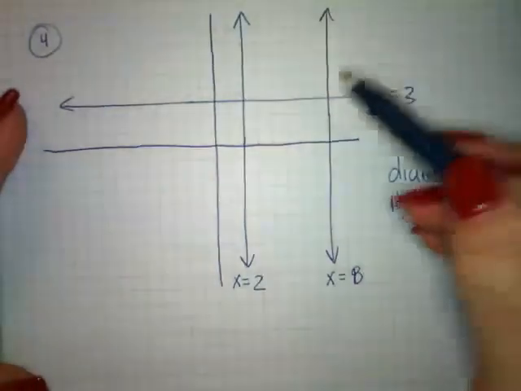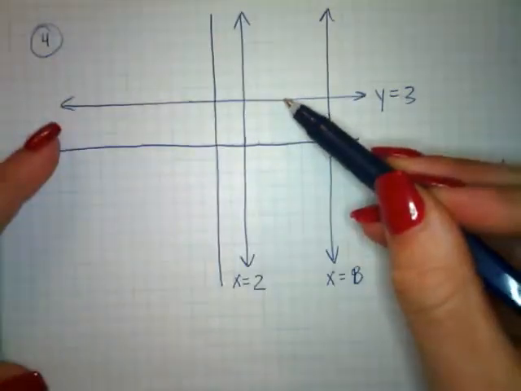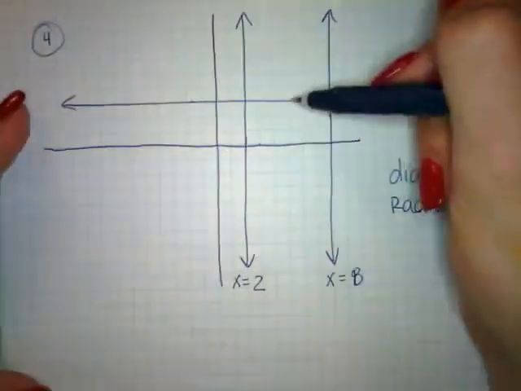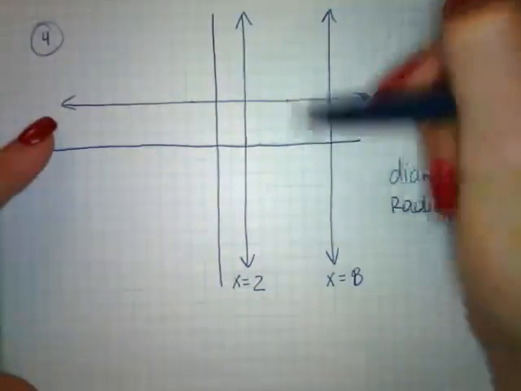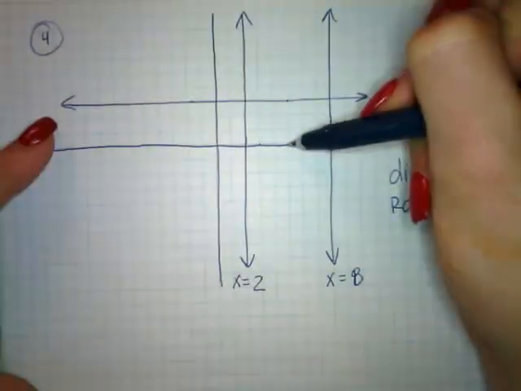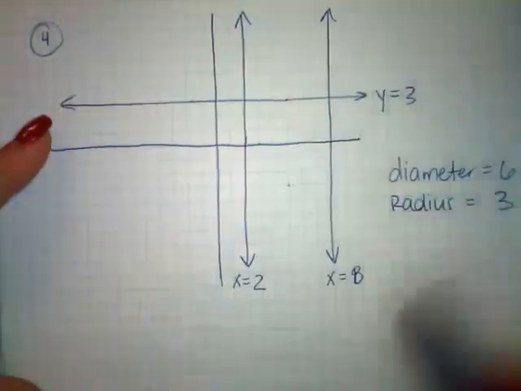Well, if this is one of the tangent lines, and my radius is 3, we're going to have to count my diameter from here down. So 1, 2, 3, 4, 5, 6.